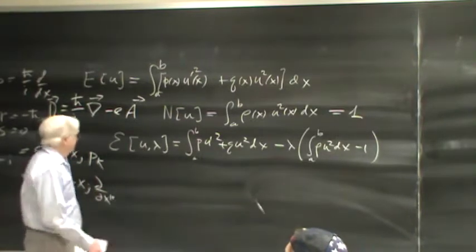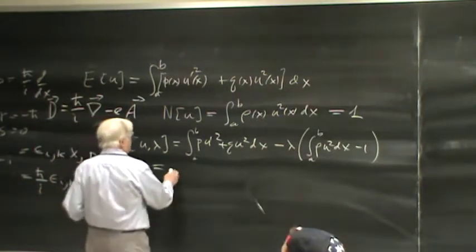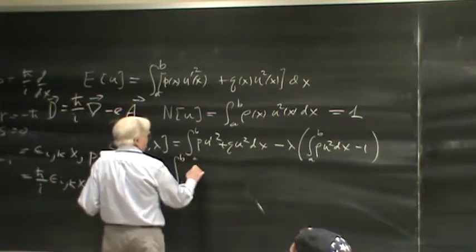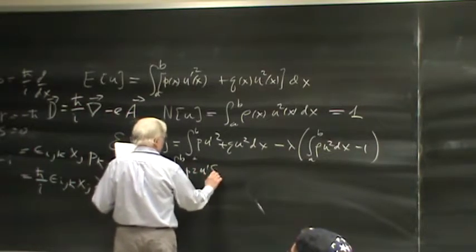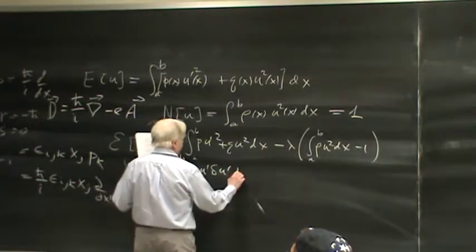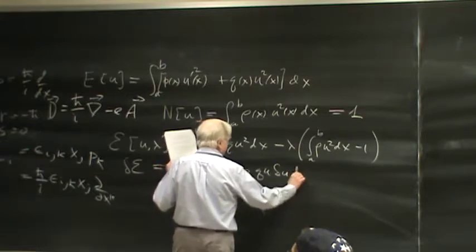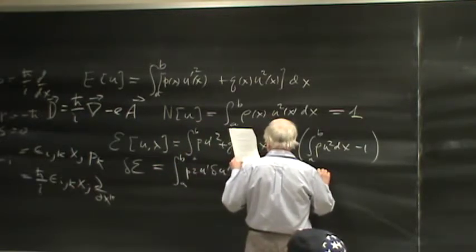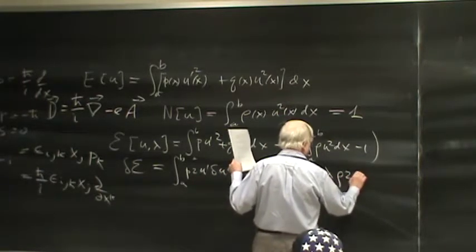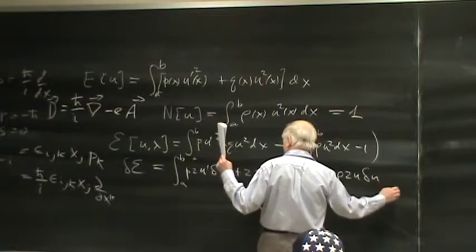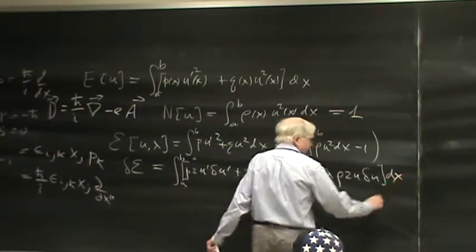And when we do the change in E, that's going to be the integral from a to b of p 2u prime change in u prime plus 2q u change in u dx, minus lambda rho 2u change in u, all of that integrated dx.